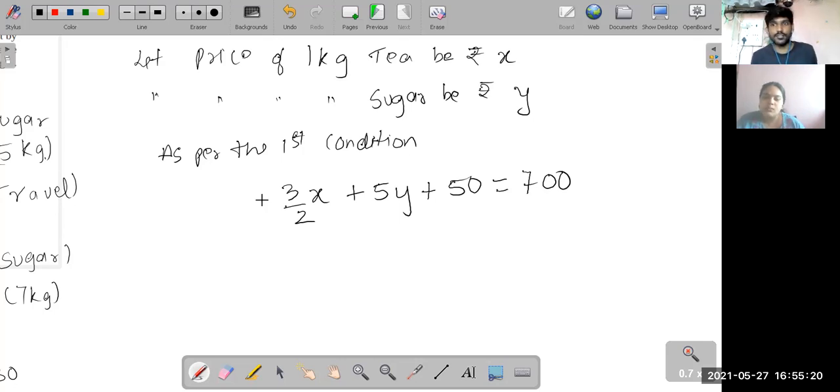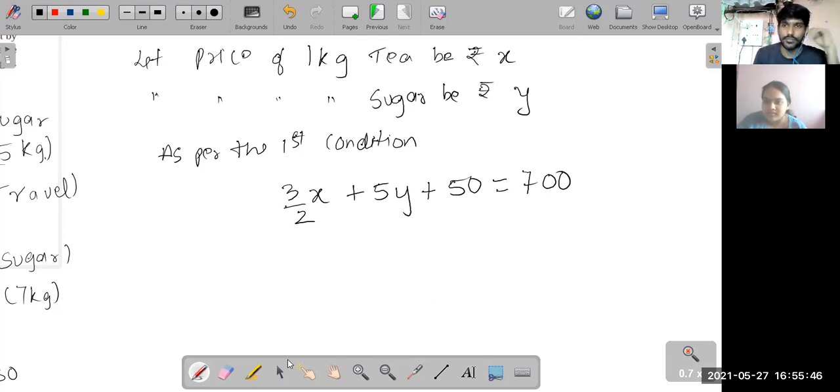Did you understand why we took it as 3 upon 2x? Because working with decimals will be very difficult. You'll get the same answer, 1.5 is 1.5 only, but we try to avoid working with decimals and work with fractions. Only your calculations would increase a little bit.